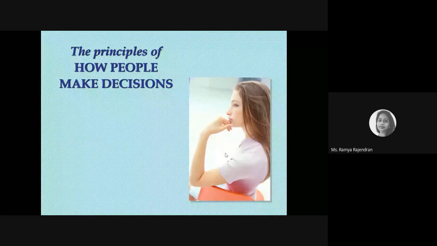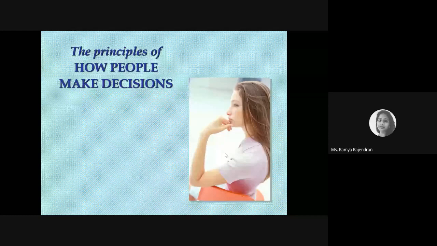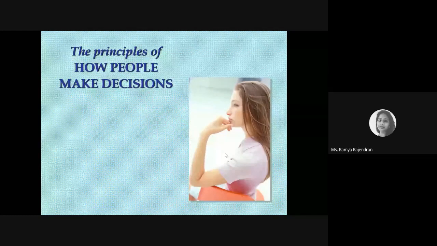Everybody takes decisions in their lifetime. It can be a student or a kid. Yes, he has to make a decision what kind of candies he wants to eat, right? So from a CEO to a founder of a company to the president of the US, and down to a kid, everybody has to take decisions in their life.